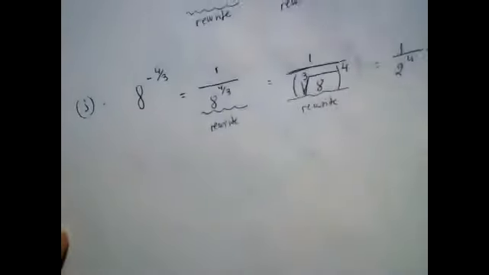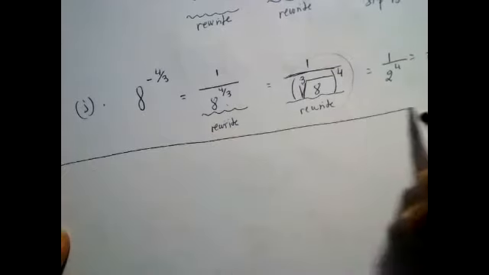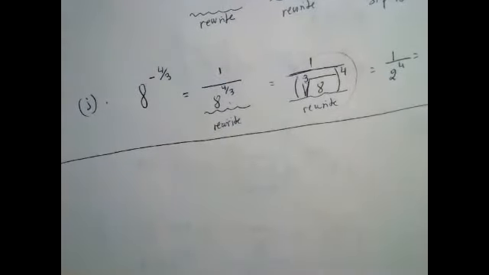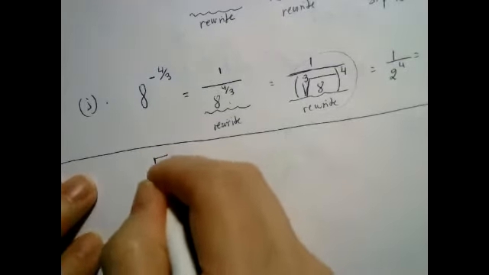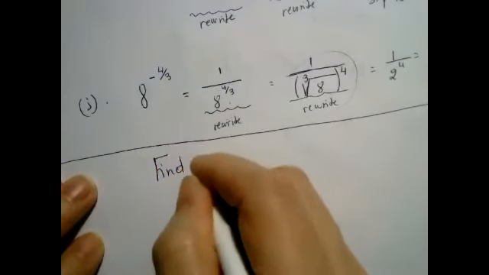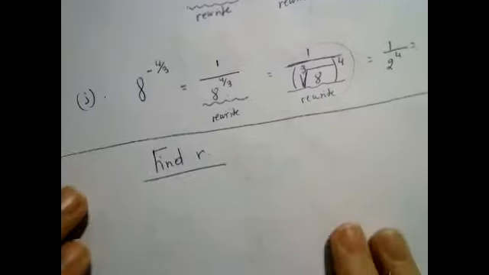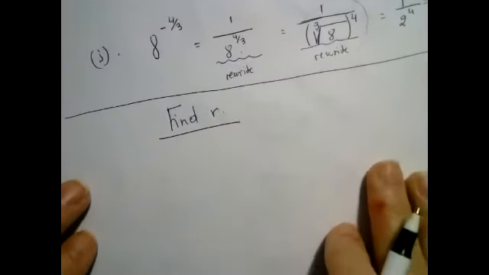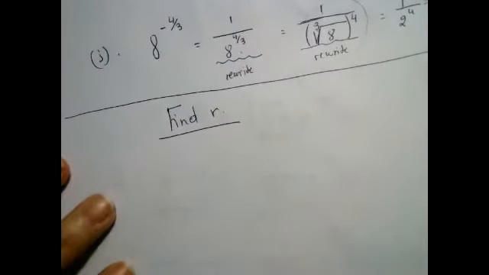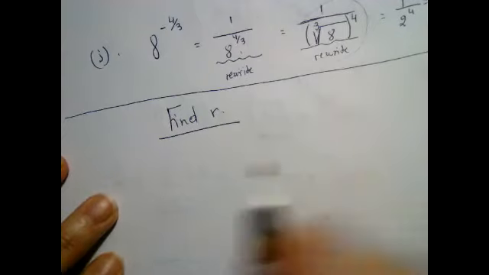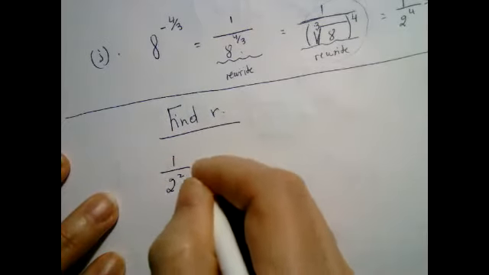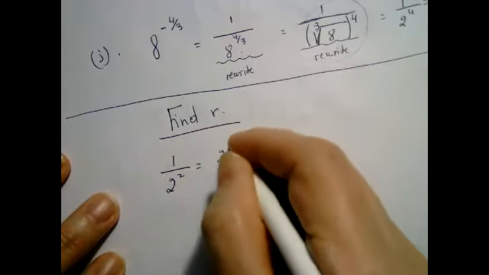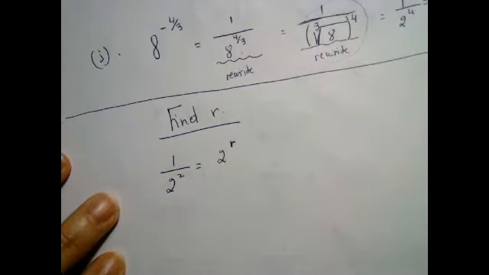Okay. Now, the last thing I want to do before I move on to section 3.1, and we have a lot to talk about in this section. Today, it will be a lot of talking. So my question now is along the same lines of those exponents. I'm going to introduce an unknown, call it R, and my question to you is, find R. So very simple. 1 over 2 squared is 2 to the R. I'm going to rewrite it like this.